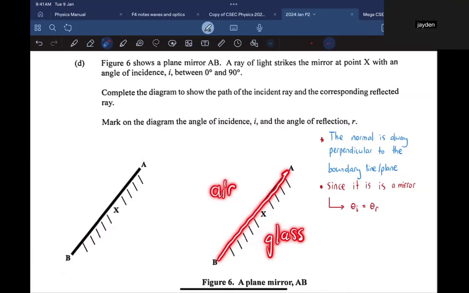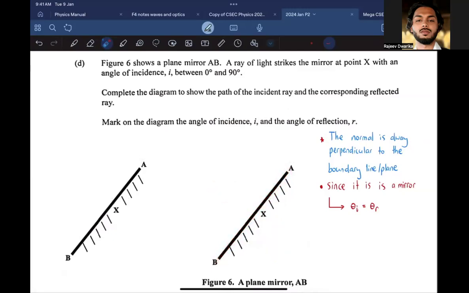Yes. So I just gave you a prelude into Snell's law. Snell's law says that anytime you go from one medium to the other medium, there's refraction. Since this is a mirror, there's no refraction, there's just reflection, because we understand that a mirror reflects the object. We know that, right? Yes, sir.